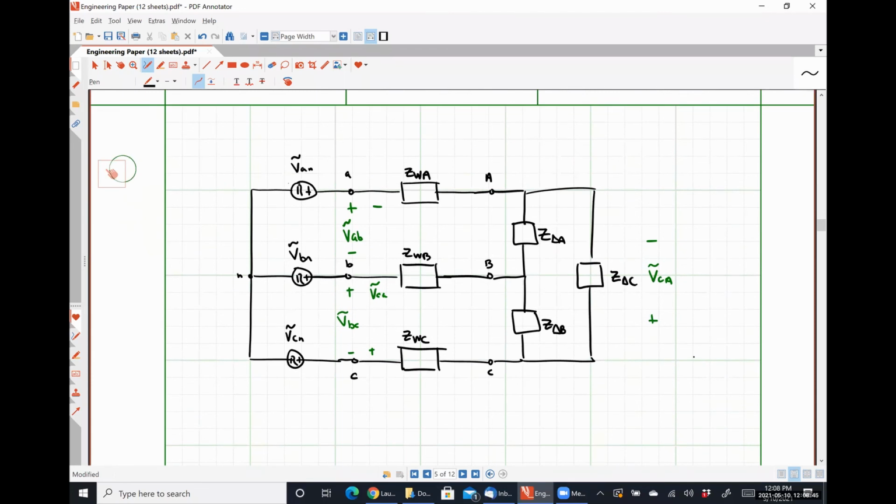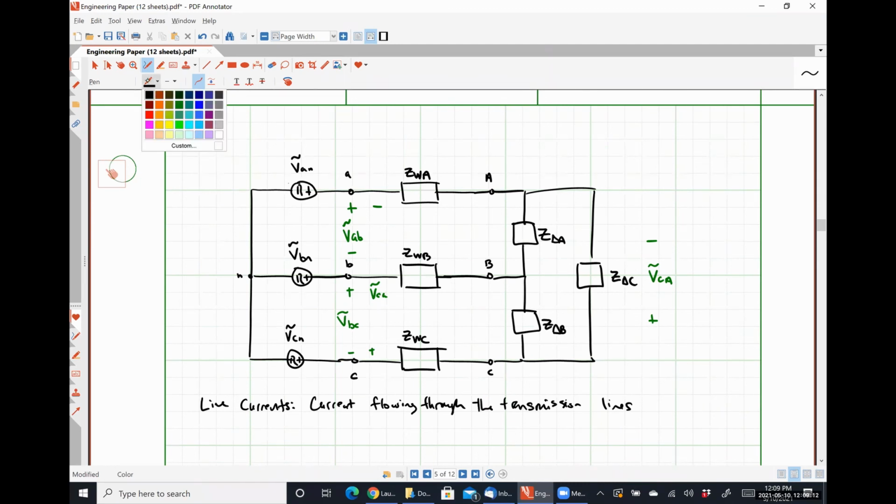So a line current is current flowing through the transmission lines. Let me do this in blue.